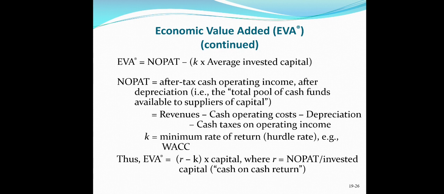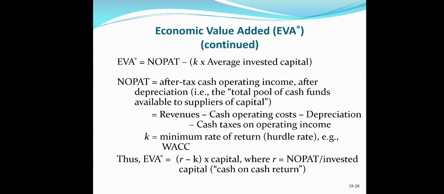NOPAT is equal to after-tax operating income after depreciation. That is the total pool of cash funds available to suppliers of capital. And it equals revenue minus cash operating costs minus depreciation minus cash taxes on operating income.